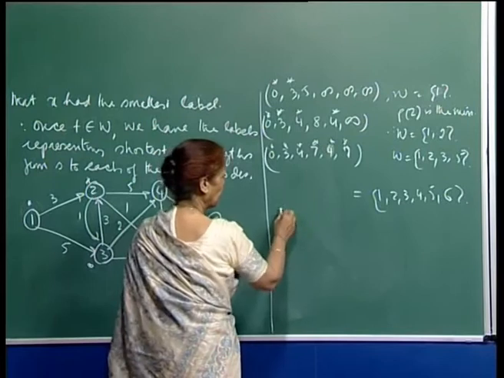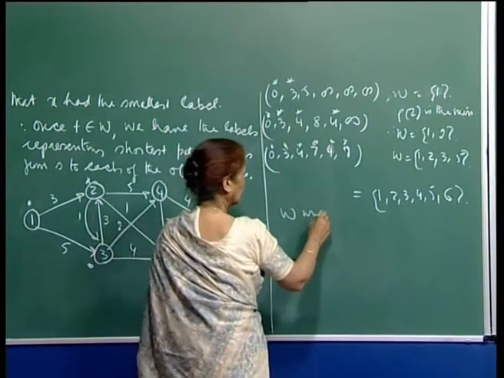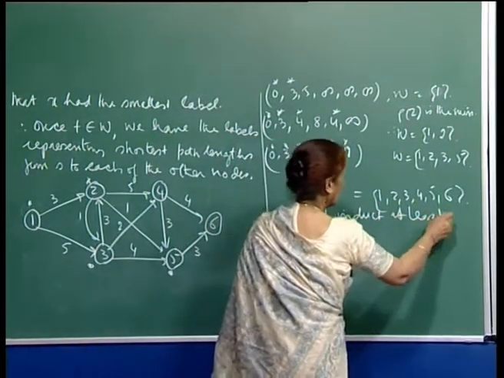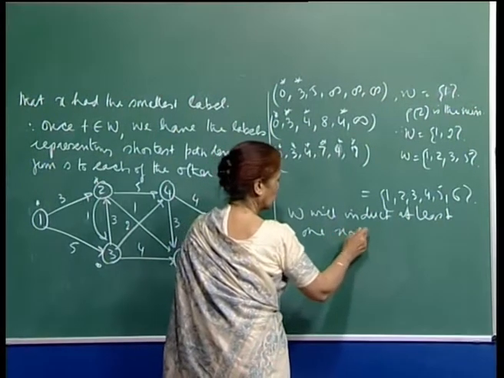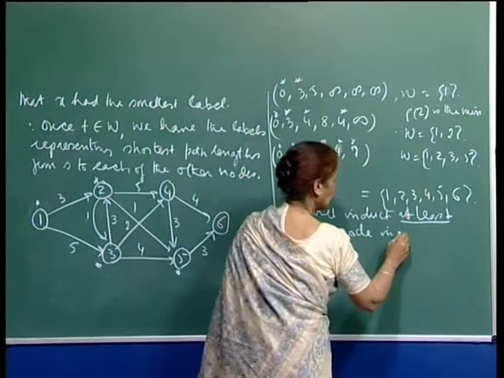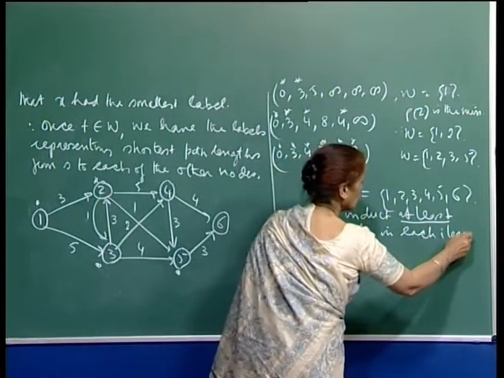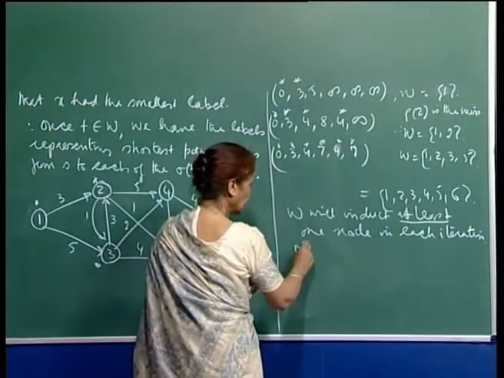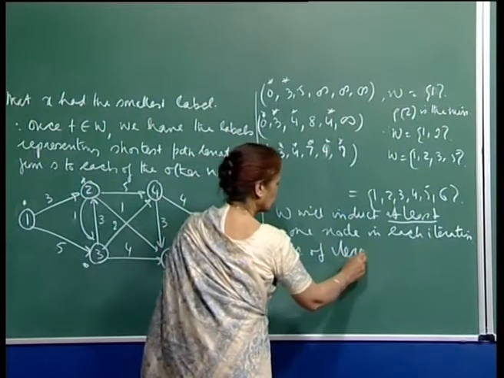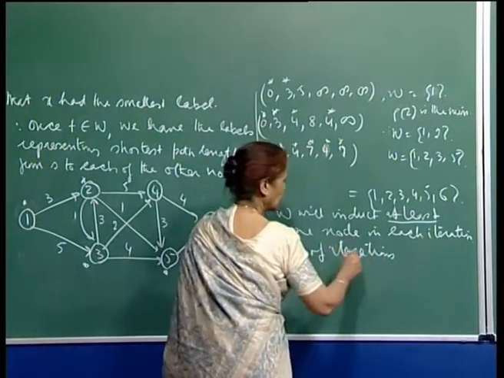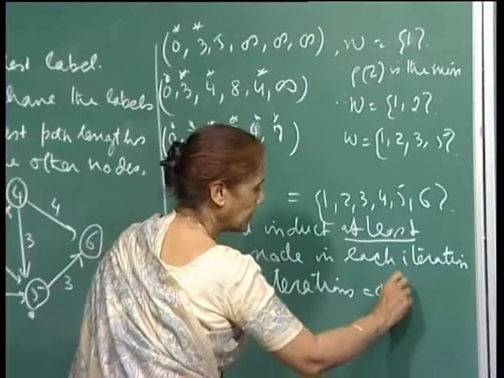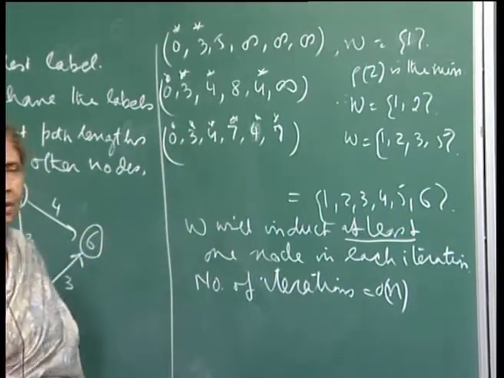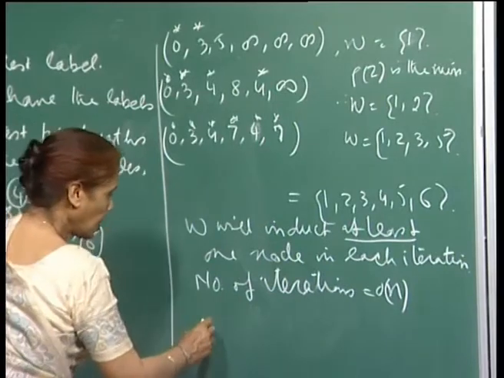Your size of W will include at least one node in each iteration, right, and so therefore, the number of iterations is n at most, order n in fact, because as we saw in this case it was only 3 iterations, because I could label 2 nodes at a time. So, it will be order n, right, and then at each iteration how much work are you doing?